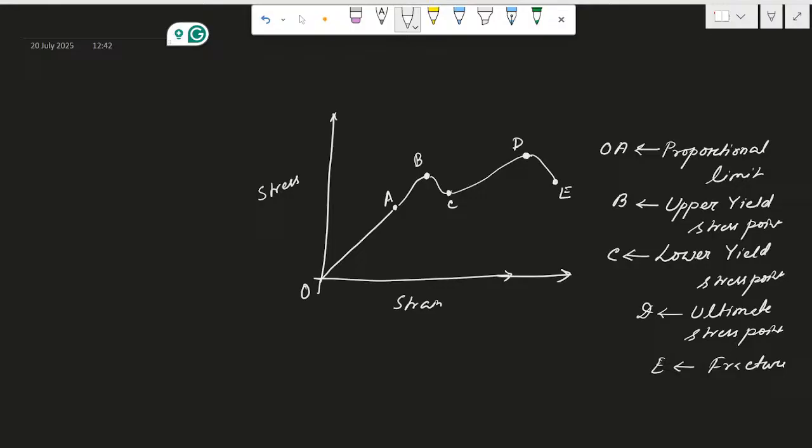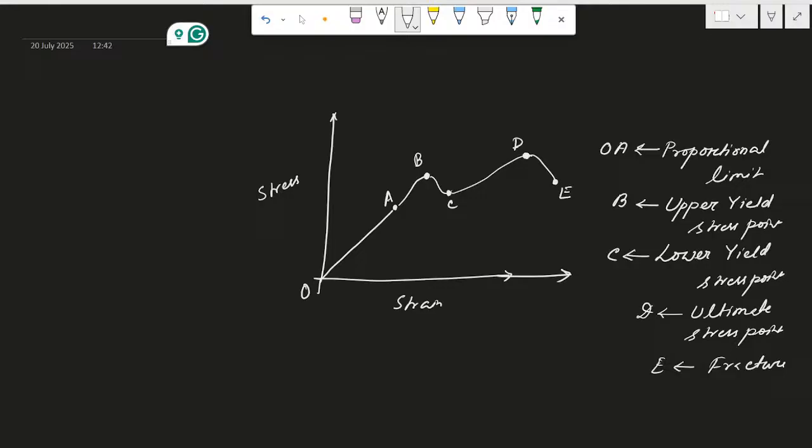So this is how you can have the proper picture, and especially this is for ductile material. For brittle material, this much of plastic region from B to D will not be there. Brittle material has a low plastic region, but this is for ductile material, so you can see the more plastic region and all these things.